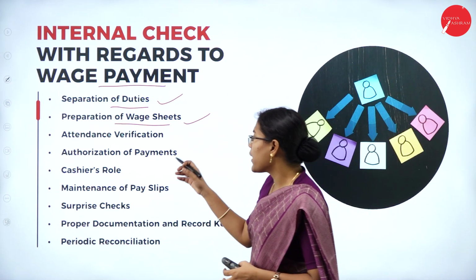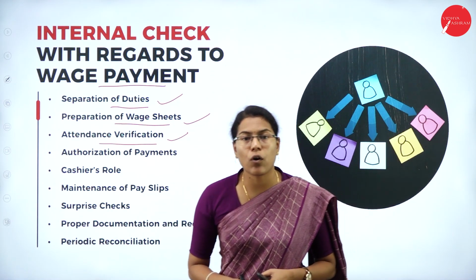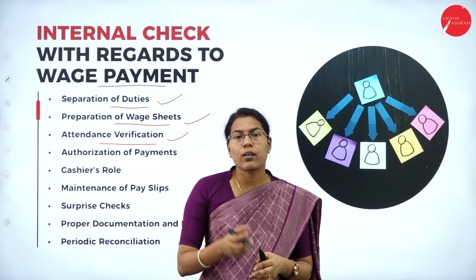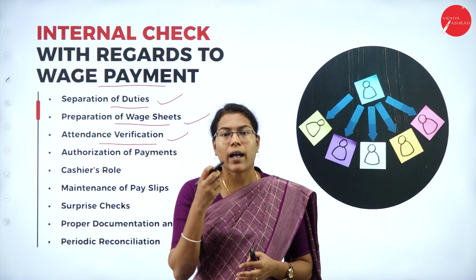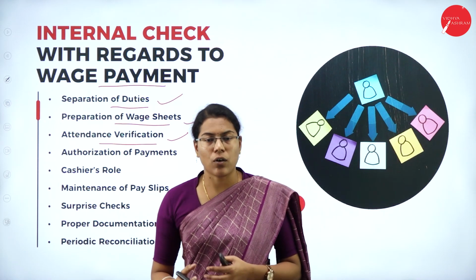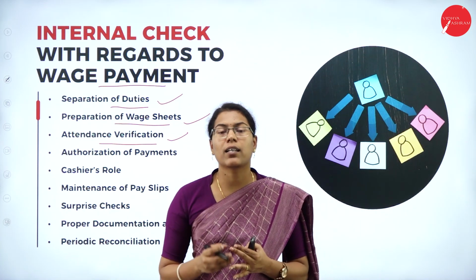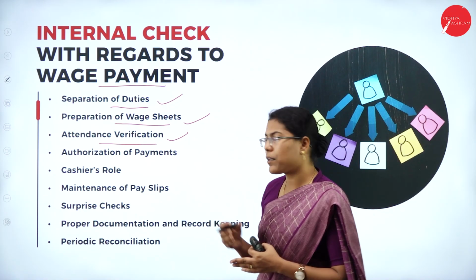Next we have attendance verification. Attendance verification involves verifying whether that particular employee was regular or not, and whether the attendance is properly recorded or not. As per his attendance and the number of hours he has worked, the wage must be given or calculated.